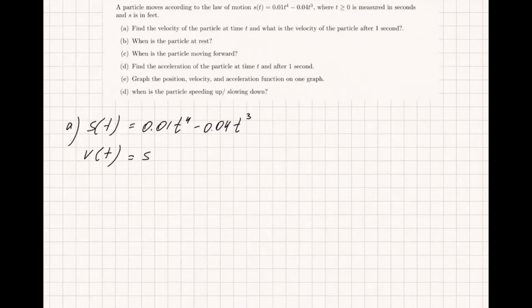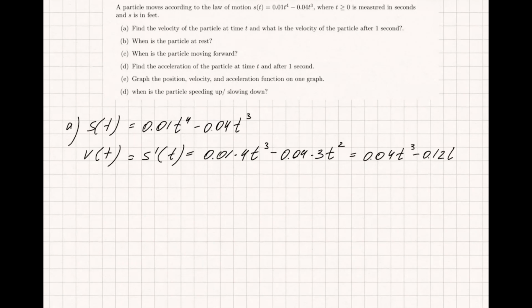So velocity is s prime of t, which is 0.01 times 4 times t cubed minus 0.04 times 3 t squared. So I have 0.04 t cubed minus 0.12 t squared.